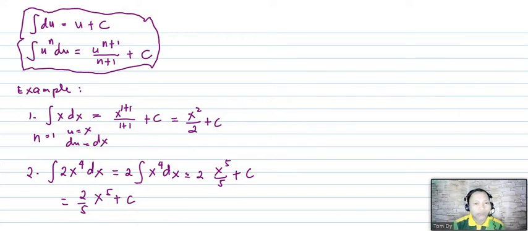Now, what if we have example number 3? Let's say the integral of 3 plus 4x squared dx. If we have this one, then of course we just distribute this dx to 3.